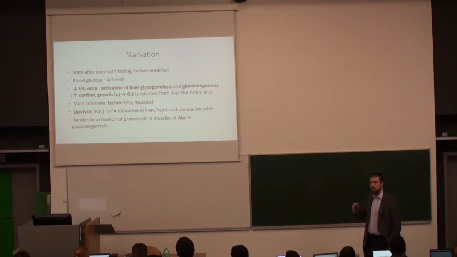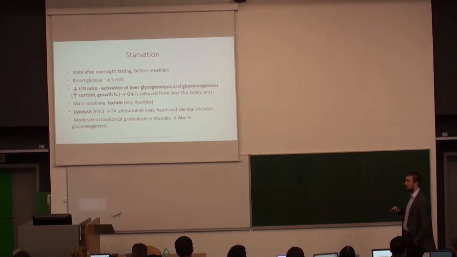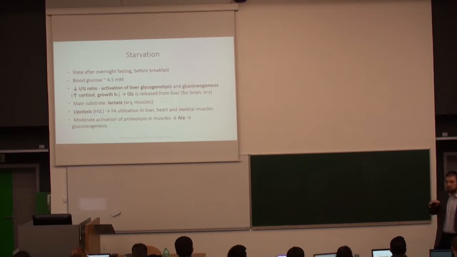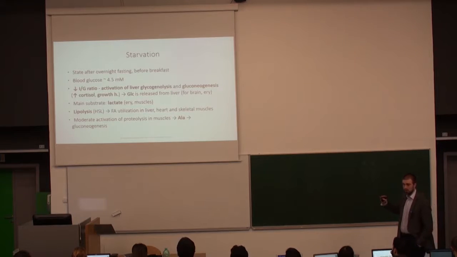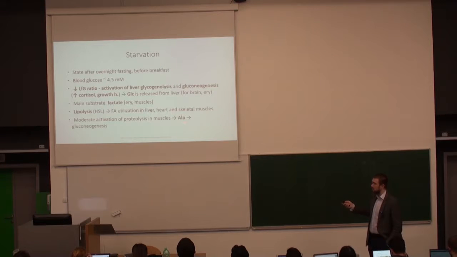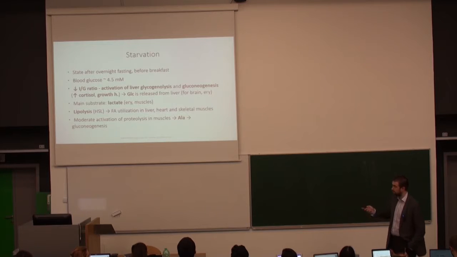Plus, you have a very mild activation of proteolysis in skeletal muscle, but it's nothing very big since the gluconeogenesis is not at the maximal level. Yes, still here the main source is the liver glycogen. So some proteolysis is inside. Alanine is used for gluconeogenesis, but not to a very big extent.